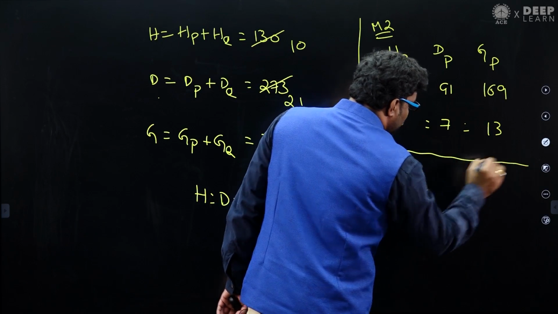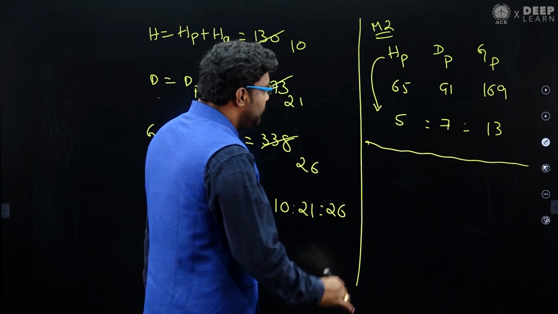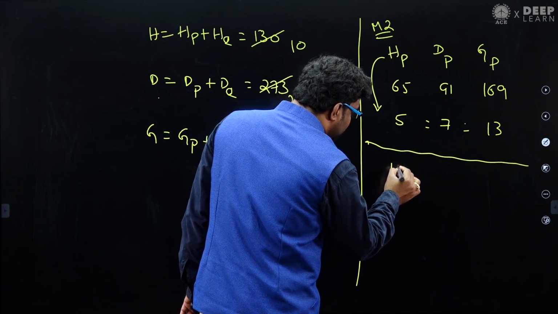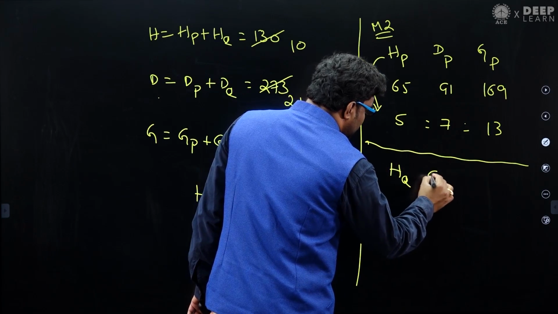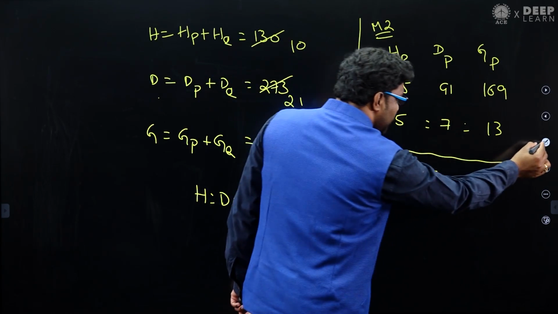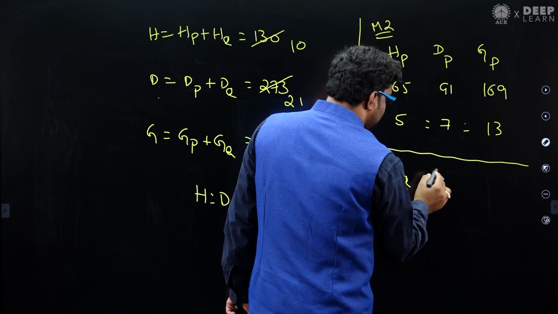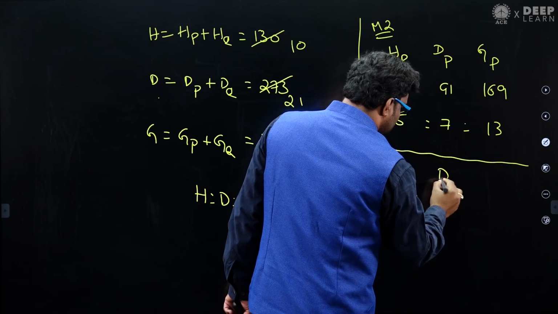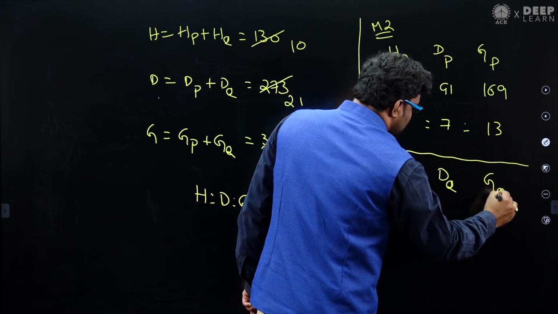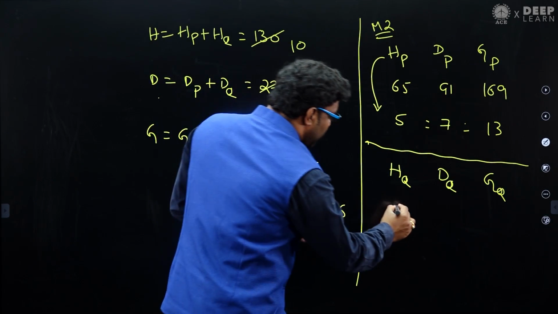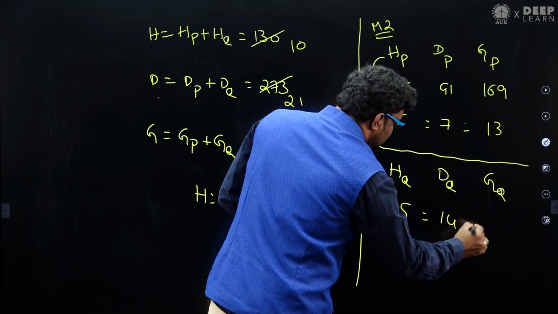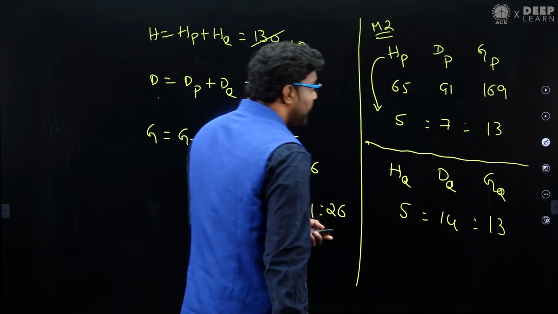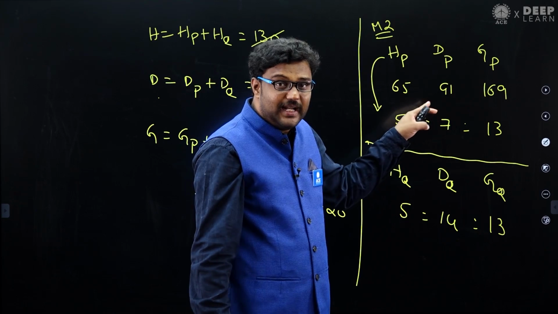That is hens, ducks and goats in form P. Whereas in form Q, how many hens, how many ducks, how many goats, that ratio they mentioned as 5, 14 and 13. See, here the factor is into 13.